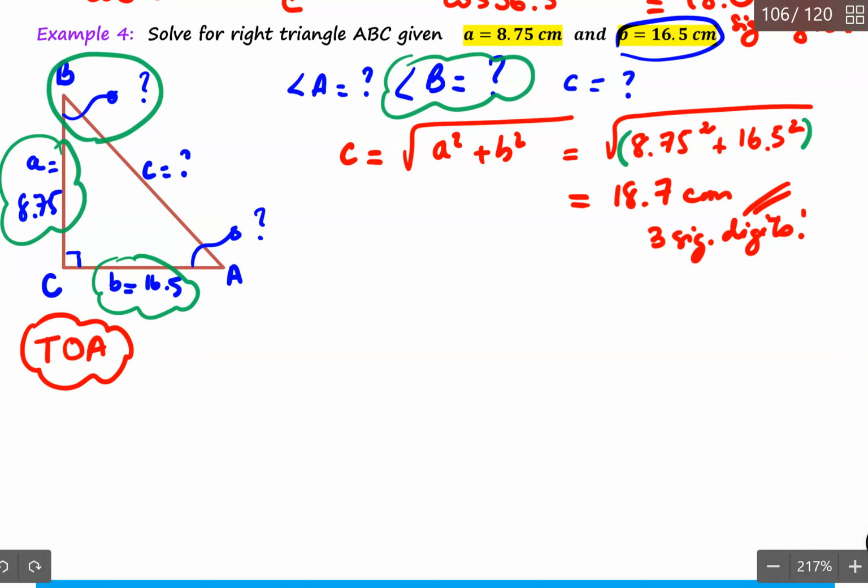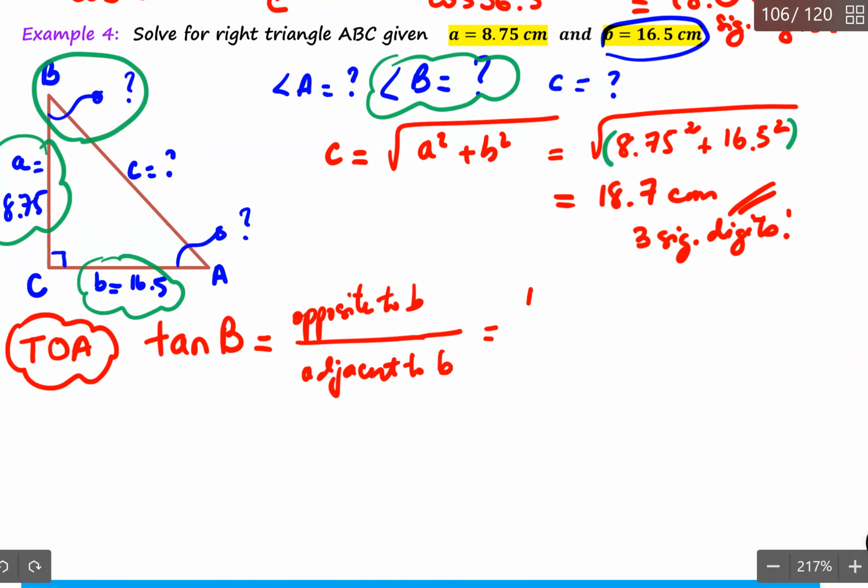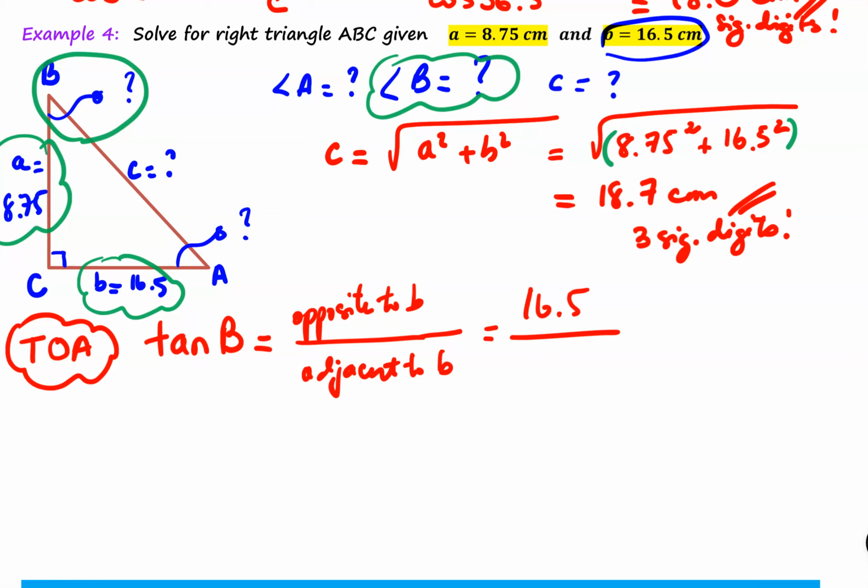So you are going to write tangent of B will be equal to opposite to B over the adjacent to B. Opposite to B is 16.5, adjacent to B is A, which is 8.75.